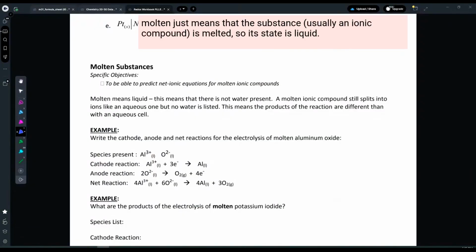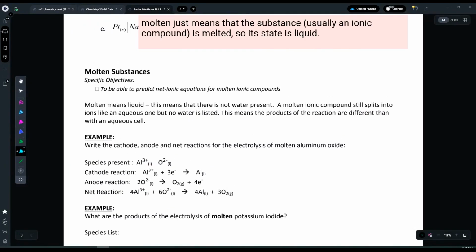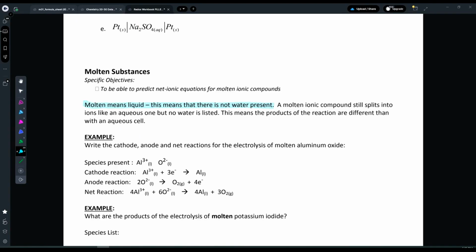Okay, moving on to molten substances. Molten, all it means is liquid. However, there's not going to be any water present. So a molten ionic compound still splits into ions, kind of like it does with an aqueous solution.